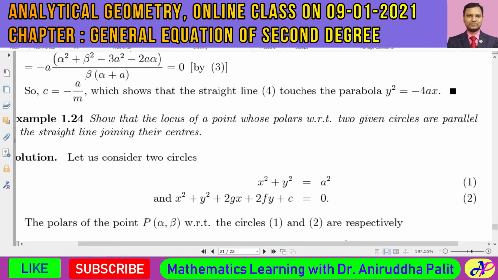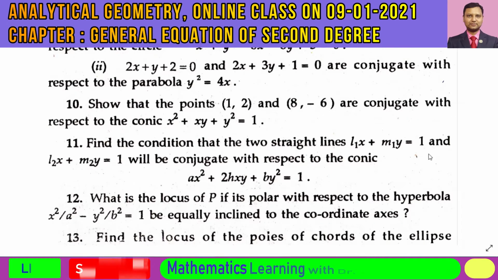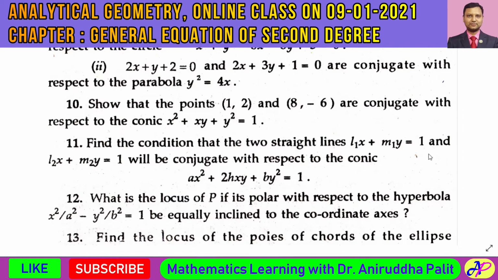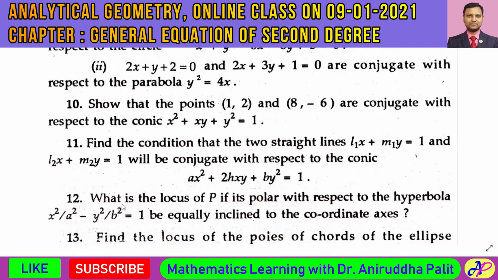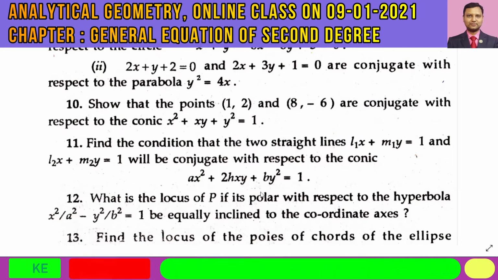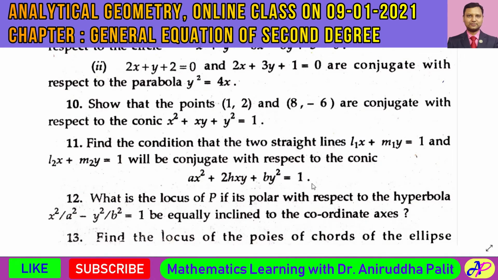And suppose we discuss one more problem. Find the condition that the two straight lines L1x plus M1y is equal to 1, and the second straight line L2x plus M2y is equal to 1 will be conjugate with respect to a conic. This is a given conic. This may be a parabola, maybe a hyperbola, maybe an ellipse, any other conic may be there.